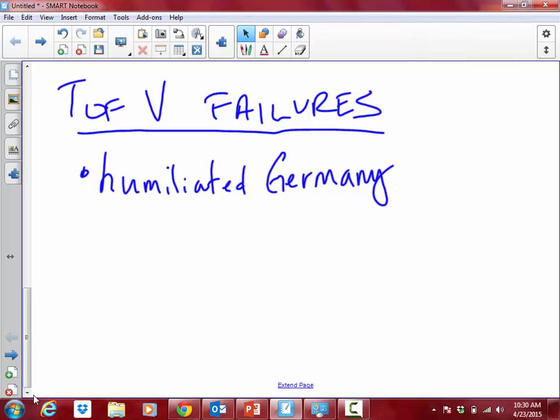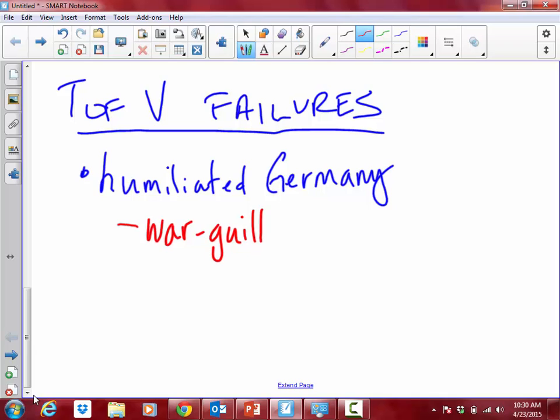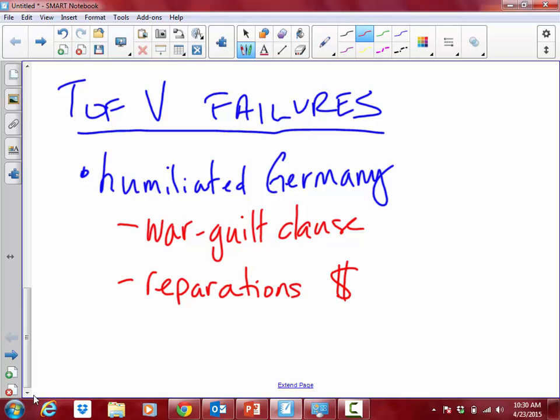In what ways was Germany humiliated? So the war guilt clause. There was an actual line in the treaty which said, it's all our fault. And Germany had to sign off on that. What else? There's another big one. Yeah, the massive reparations, and the huge debt that those created, right?